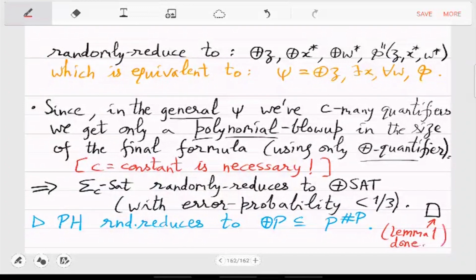In the bigger picture, remember what we want to show is Toda's theorem, that PH is contained in P to the sharp P. We are not yet there, because this is just a random reduction to P to the sharp P. That will only be possible if we can remove this keyword random. We have to give a deterministic polynomial time reduction. So in other words, we have to de-randomize it.